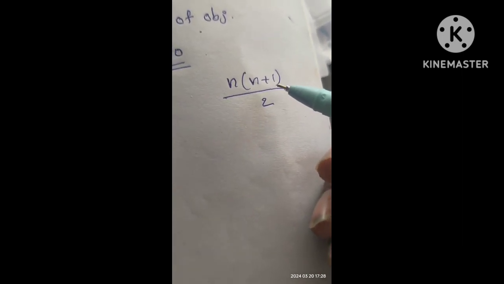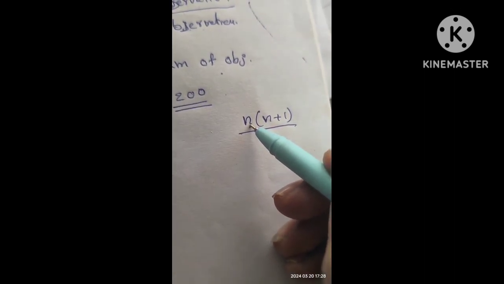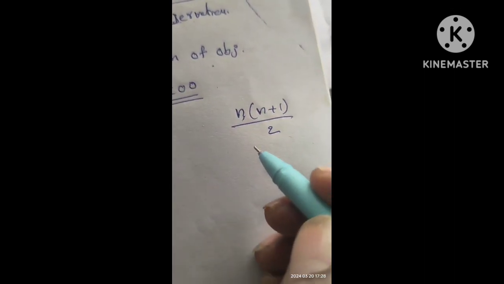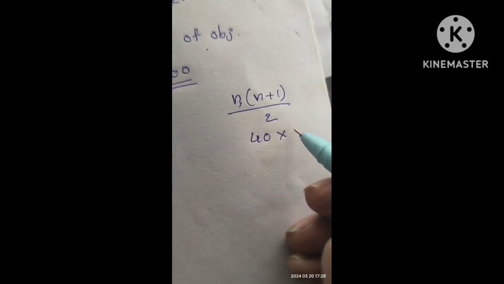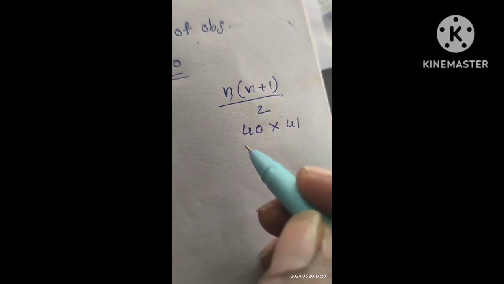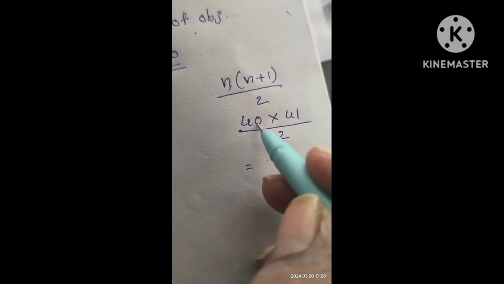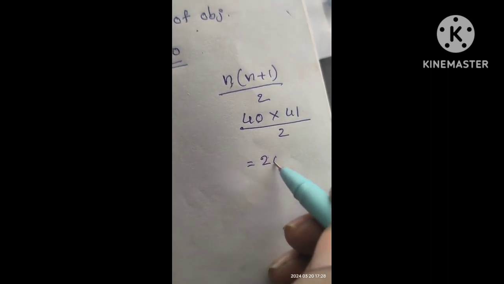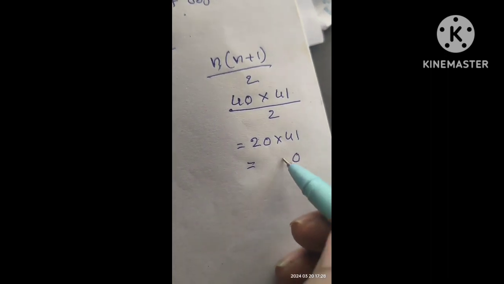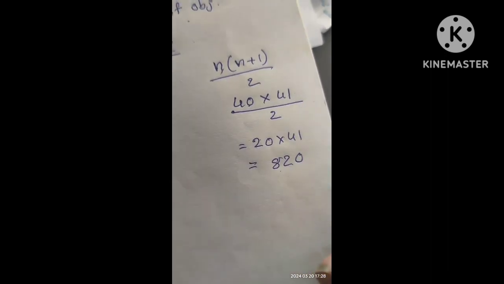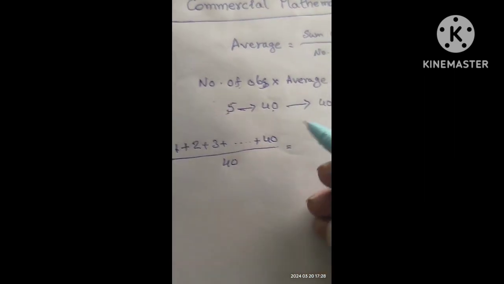This is the formula to find the sum of first n natural numbers. We already discussed it in the state syllabus. Here n represents the number of natural numbers, and here we are taking 40 numbers. So 40 into 40 plus 1, that is 41, by 2. It is equal to 20 into 41, which is 820. So the total sum of the first 40 natural numbers is 820.